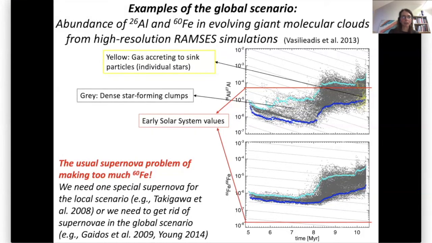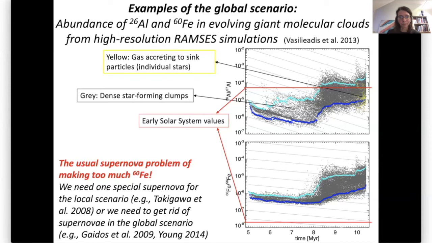It comes up in the local scenario, it comes up in the global scenario. And so either there was one special supernova, and we can imagine some ways to repress production of iron-60 in supernovae. And in this case, we have to do something a bit special, a bit of fine tuning, I would say.